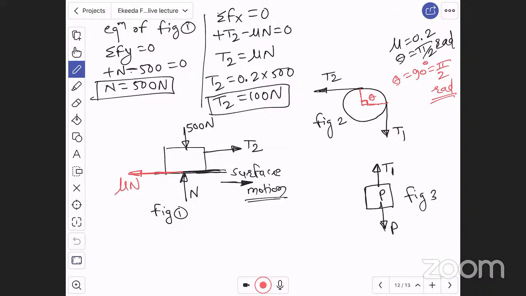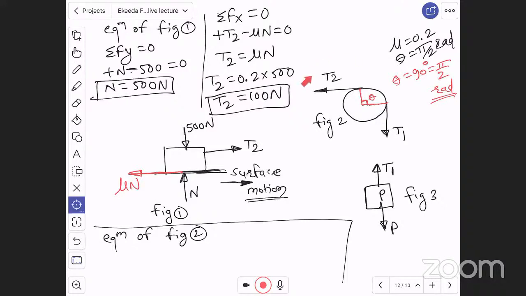All right. Now again, write the equilibrium equation for figure 2. Concentrate on figure 2. Can I say figure 2 is a belt and pulley device?